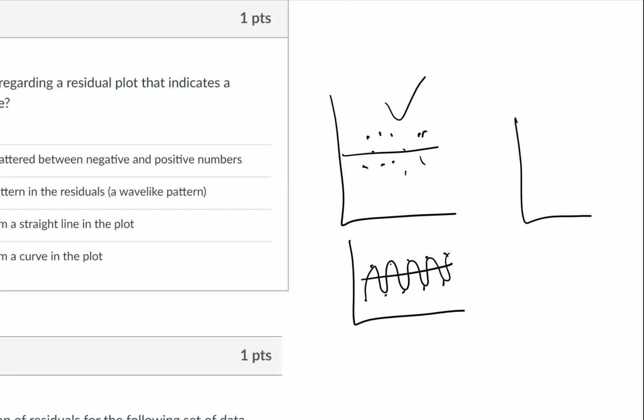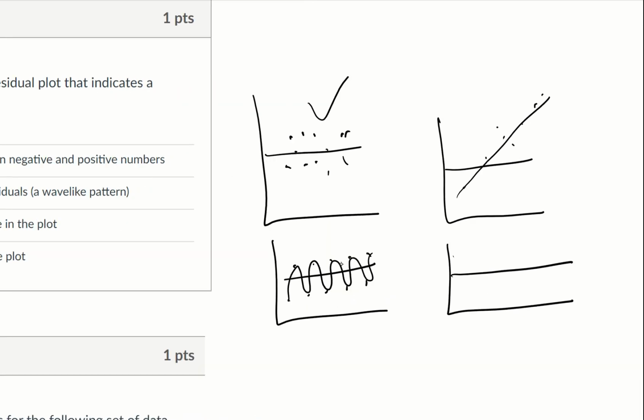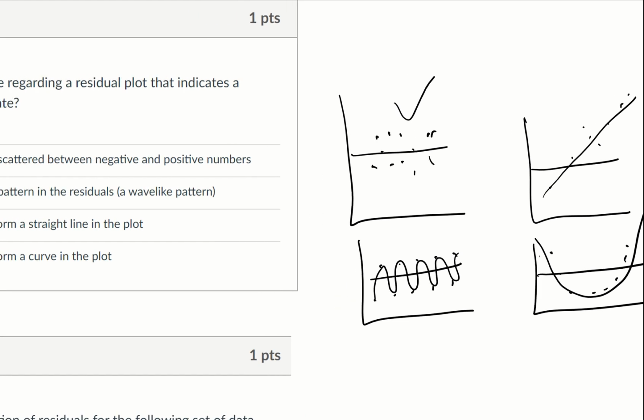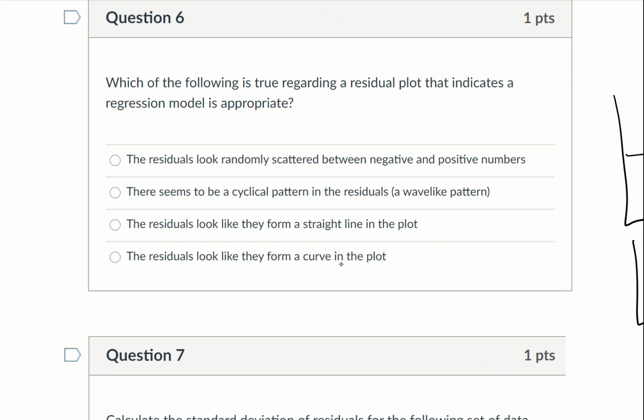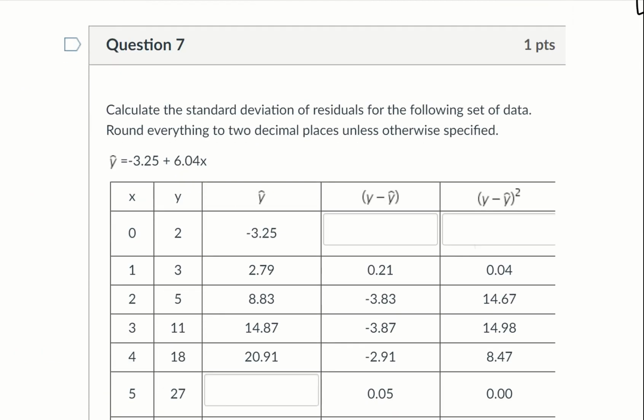If the dots form a straight line or close to a straight line, well, that's a pattern, and so that's not correct. That would be an inappropriate model. And then similarly, if there is some kind of curve pattern, that indicates an inappropriate model as well. And so the answer is A. The residuals need to look randomly scattered in order for this to be an appropriate regression model.